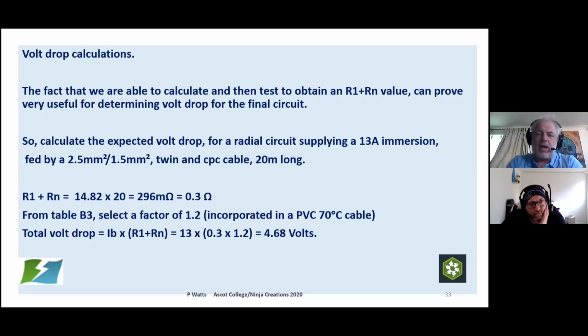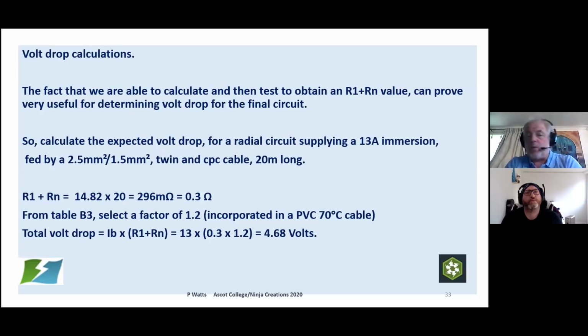The resistance of the cable is going to be 0.3, the R1+RN value from table B1, multiplied by the correction factor of 1.2 from table B3. We multiply that all through and we get a volt drop of 4.68 volts for that circuit.